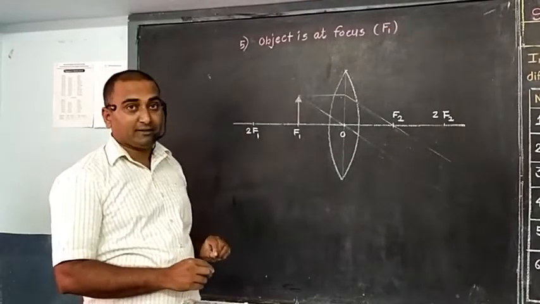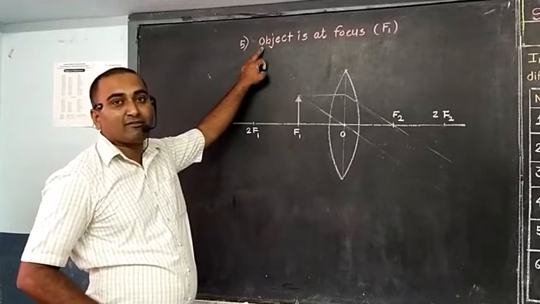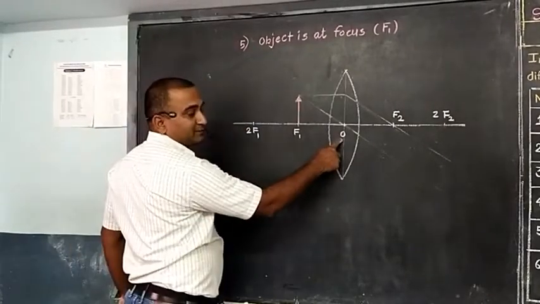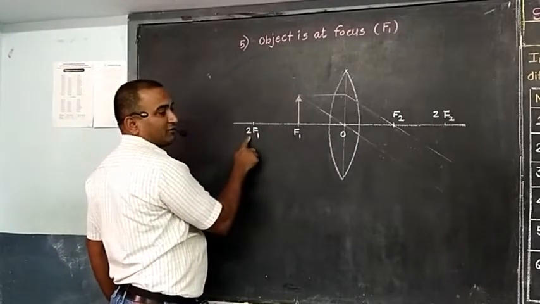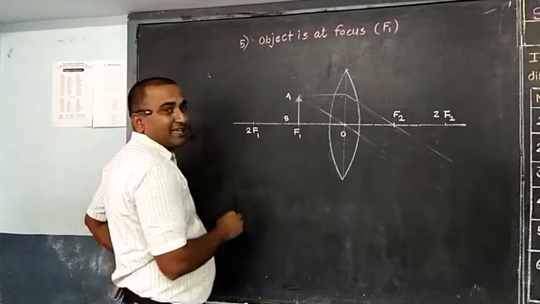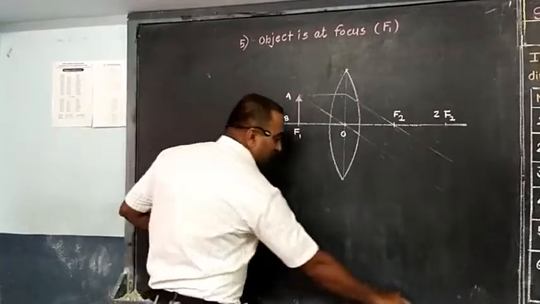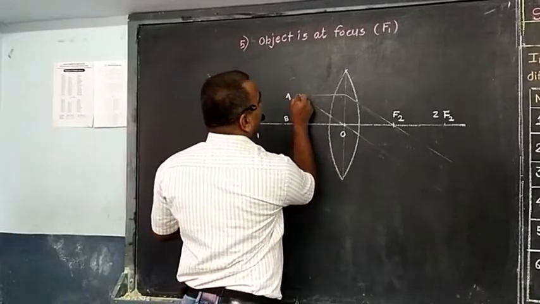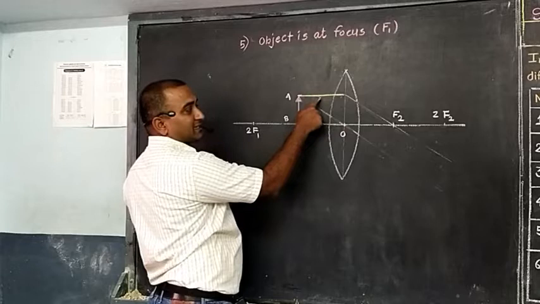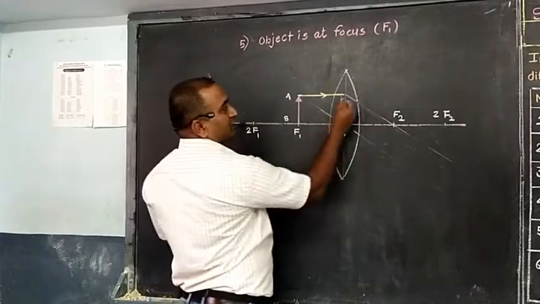The fifth point or fifth position is object is at focus, that is F1. See, optical center, F1 to F1. Now object AB has been placed exactly at F1, that is focus. The first ray which is parallel to the principal axis, we are considering two incident rays coming out from the top of that object.